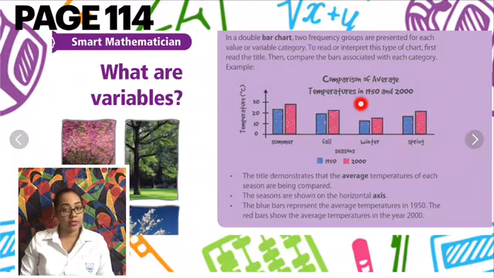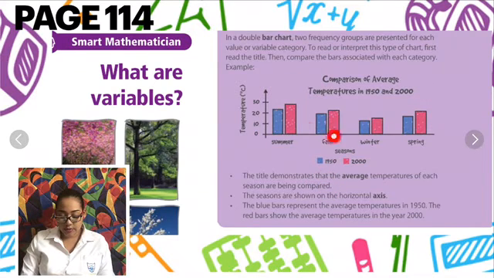For example, you have the example there. The red bar refers to 2000 and the blue bar refers to 1950. The title of this bar chart is Comparison of Average Temperatures in 1952 and 2000.